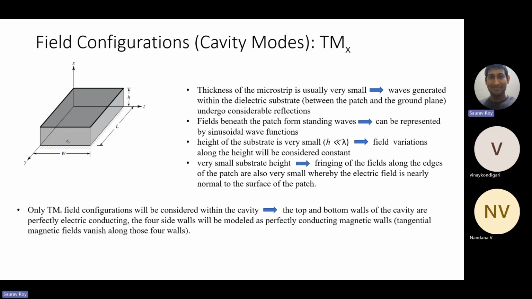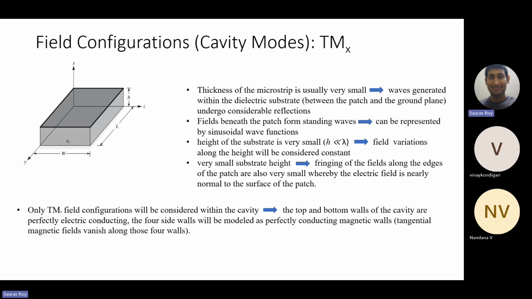So now, only TMx, transverse magnetic x: if we consider it with respect to the x direction, it is transverse magnetic, meaning there is no magnetic field component in the direction of x. That is why it is transverse magnetic with respect to the x direction.